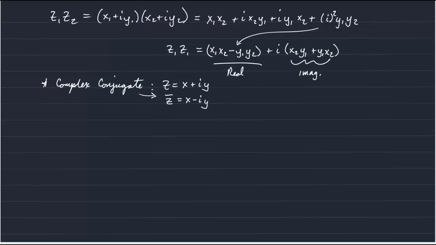So for a complex conjugate, the imaginary part is negative, or you multiply the imaginary part by minus 1.